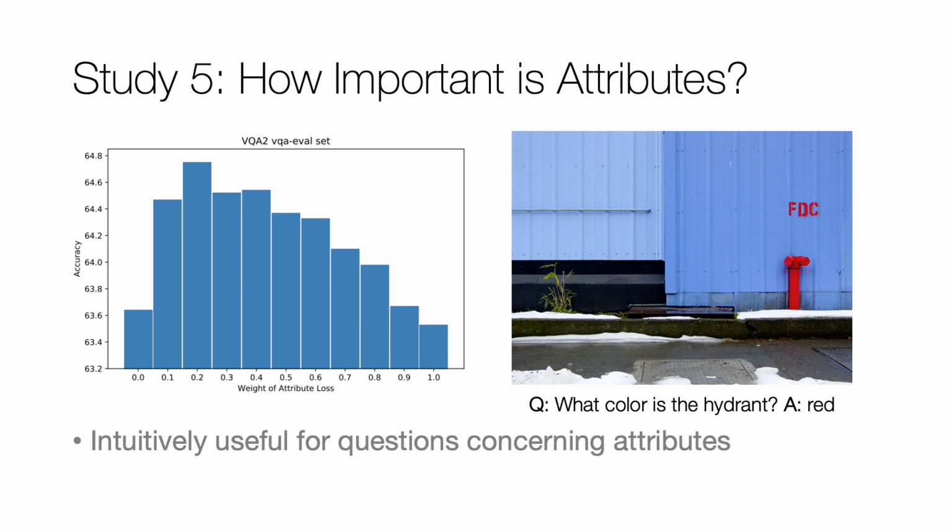As a final study, we also varied the attribute loss weights when training the Fast R-CNN detector from 0 to 1. We find without attribute, the model performs worse, likely because VQA models need to address object attribute related questions like what color is a hydrant in the image.